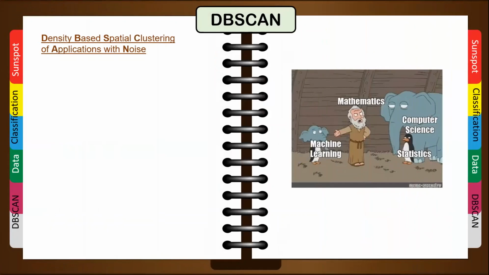So here is the very famous meme of machine learning. In this project we will use a machine learning algorithm, because in solar data we have a large number of data sets. Machine learning has been used in so many fields.